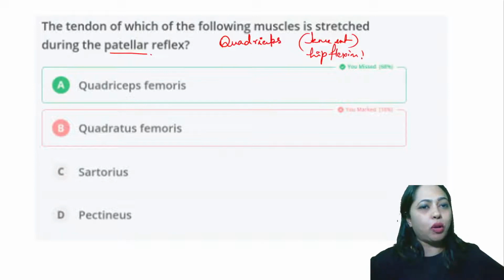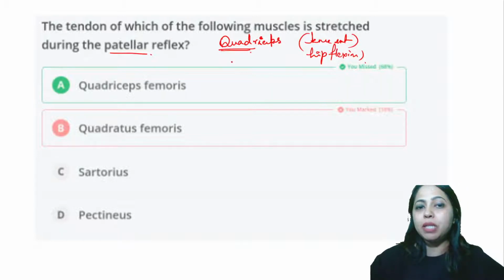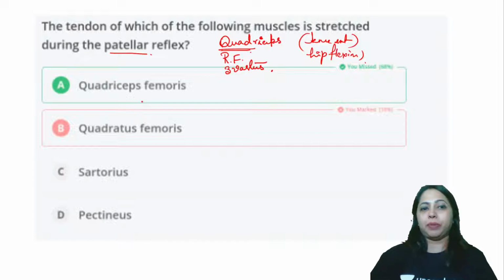It has four muscles, the name itself indicates that. There is a straight muscle called the rectus femoris, then there are three vastus muscles. So for the patellar reflex, the tendon stretched is of the quadriceps.